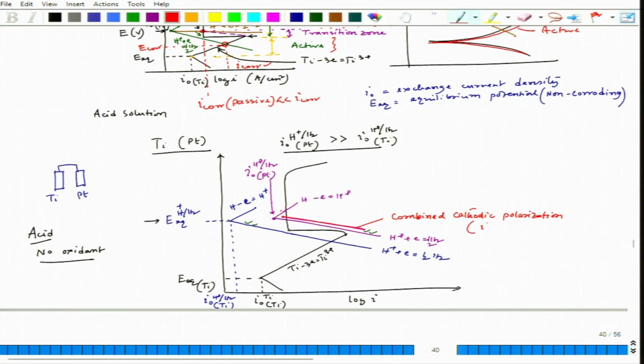It includes two currents, on titanium plus on platinum. So, on platinum hydrogen evolution and on titanium hydrogen evolution, these two currents are added, because this is coming from mixed potential theory.